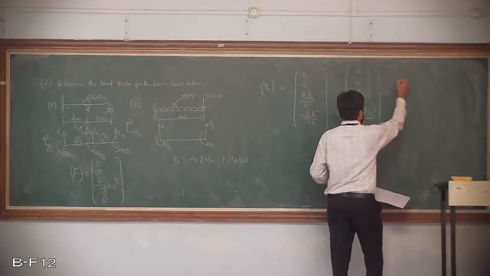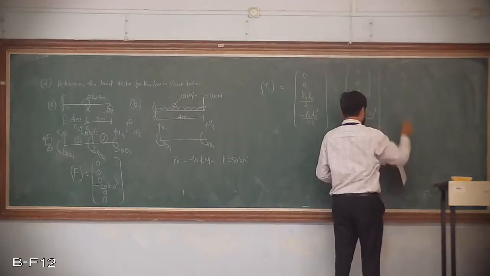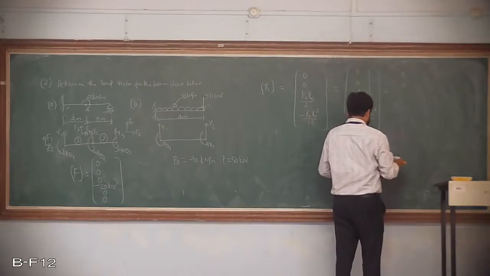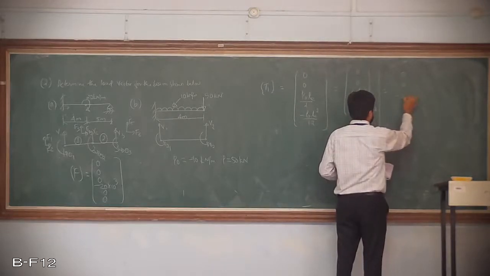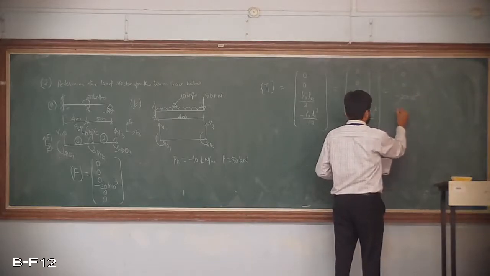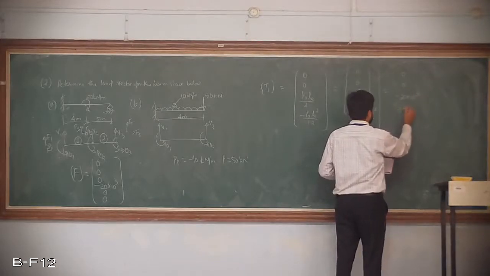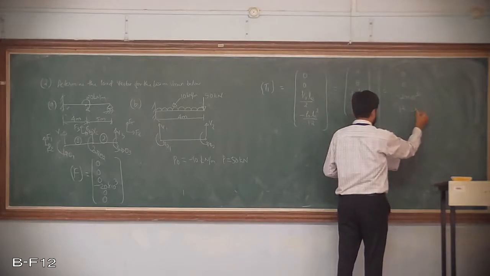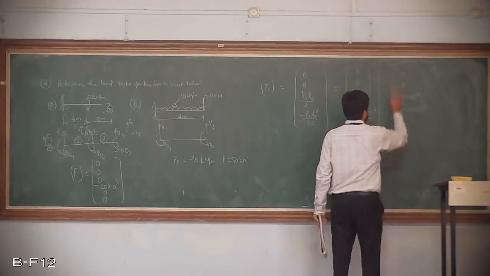So you will get 0, 0, minus 20 into 10 raised to 3, plus 13.33 into 10 raised to 3.